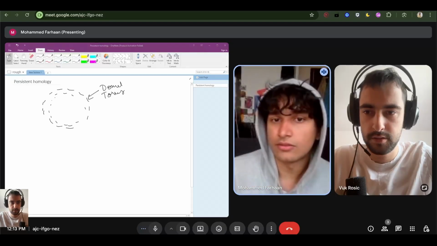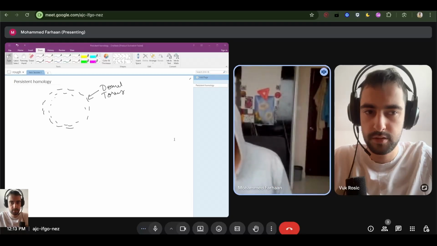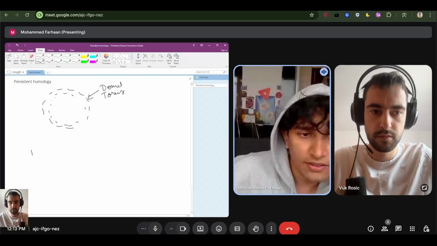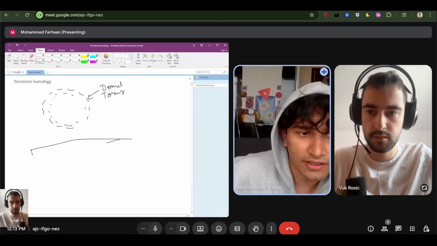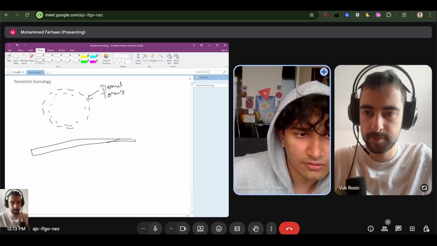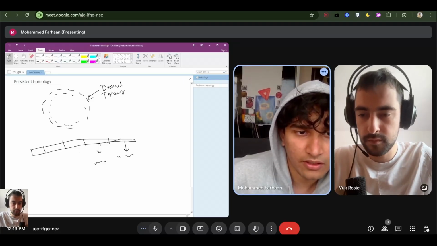Now, the workaround that we have to figure out is that our given data is sequential. Like we have tokens, right? This is some number. This is also some number.